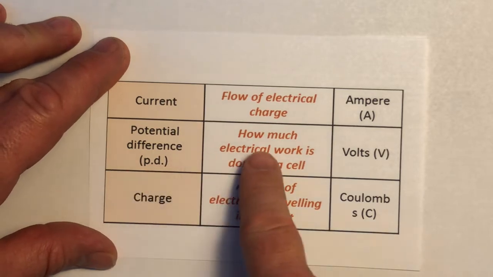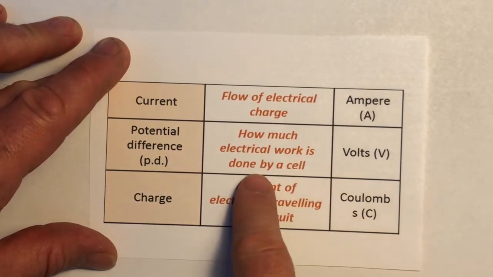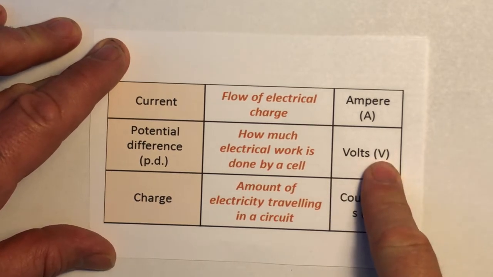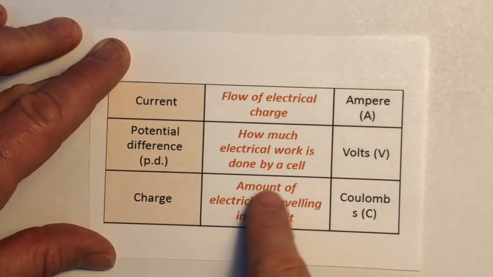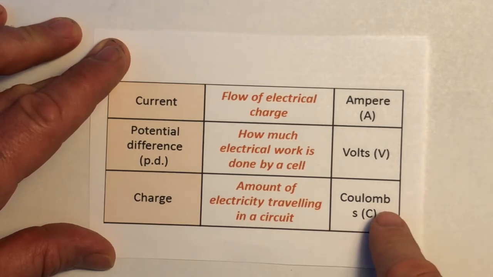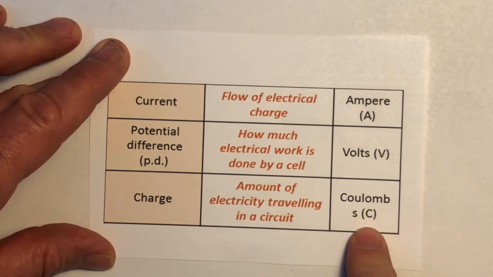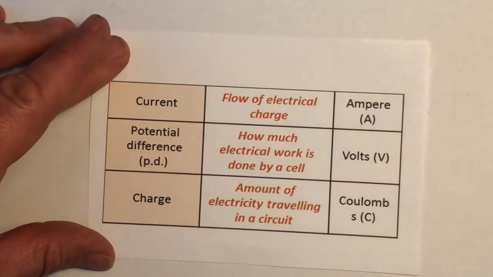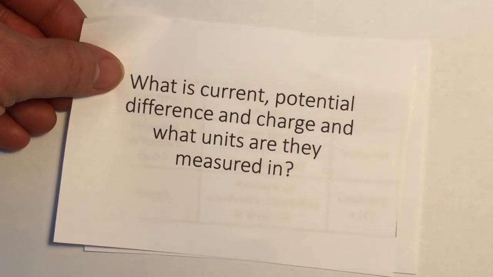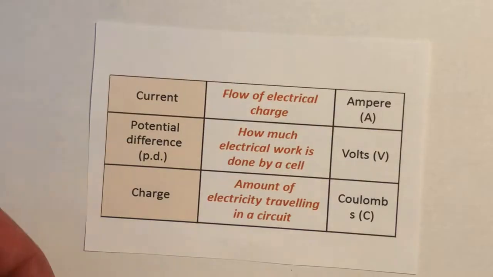Potential difference is how much electrical work is done by a cell, measured in volts, or V. Charge is the amount of electricity travelling in a circuit, and that is coulombs, capital C. That's the way that you actually answer the question.